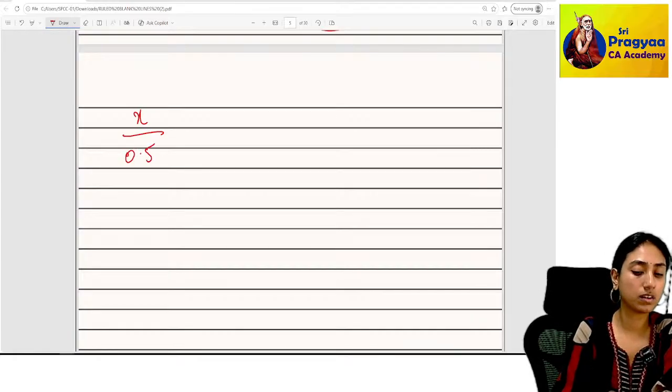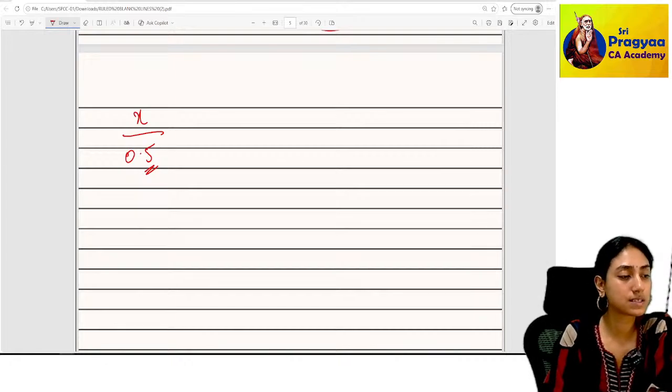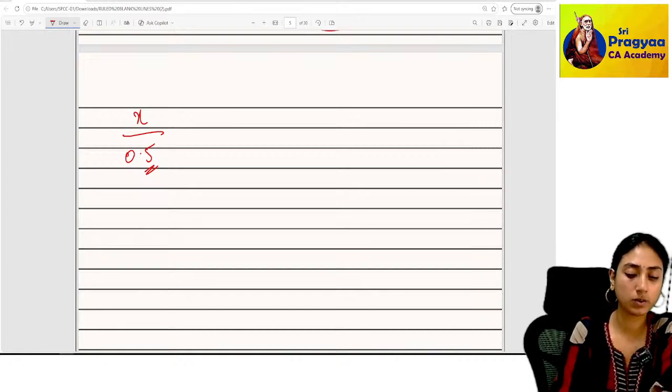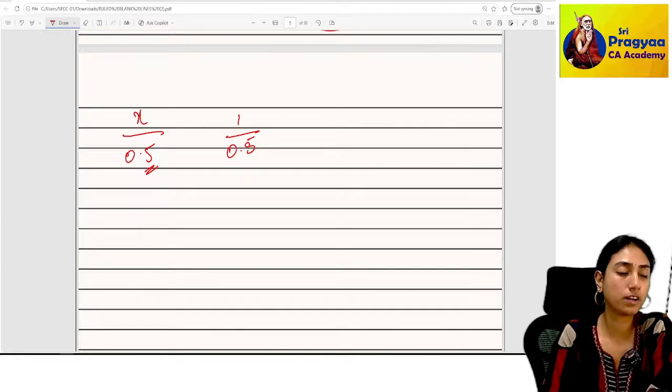xy, this is in decimal, right? I don't want this to be in decimal. I want this to be in a whole number. Okay, use your calculator, what is 1 by 0.5?